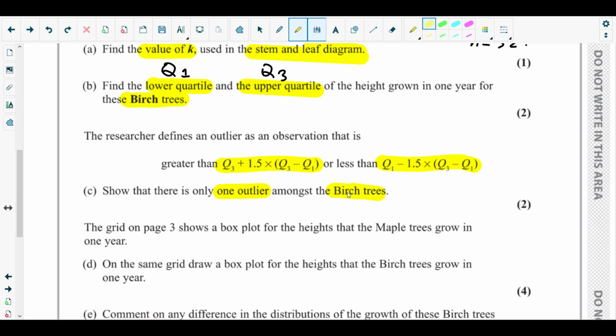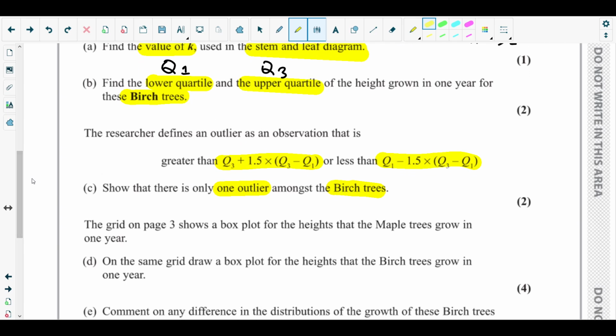In order to show that, at first we need to find the upper limit and the lower limit for an outlier.